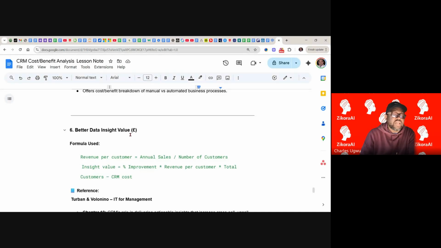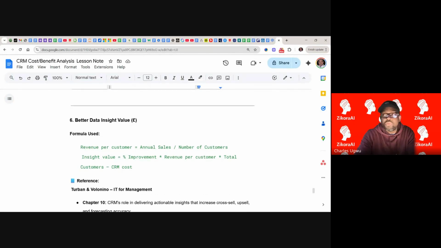Better data insight value. Like we'll talk about, a system gives you real-time metrics, data on the spot, instead of you waiting for months to get a report from manual handling.